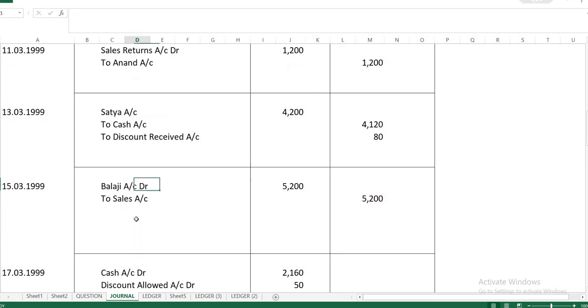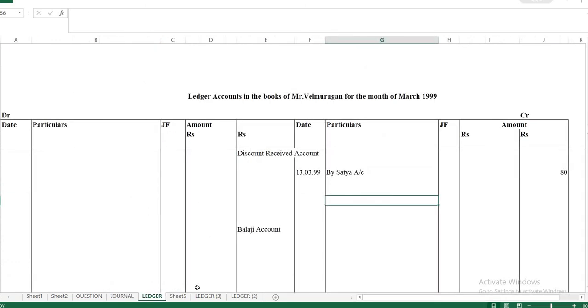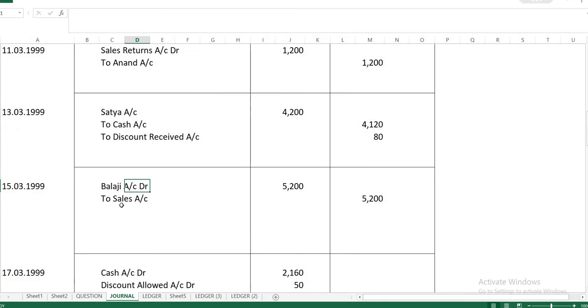Okay, next moving to Balaji account debit to sales account. How to pass Balaji account to sales account: you have to put it on the debit side. In sales account, you have to post it as by Balaji account on the credit side. Balaji account on debit side to sales account, and in sales account on the credit side, by Balaji account.